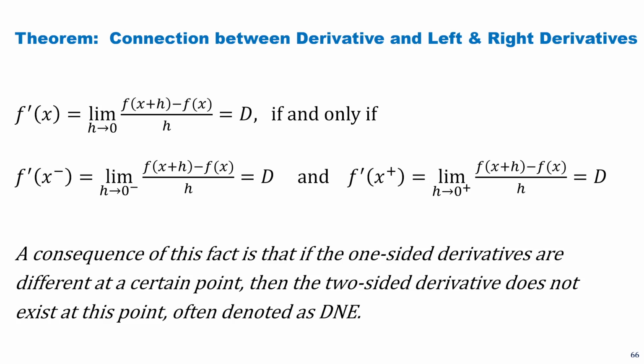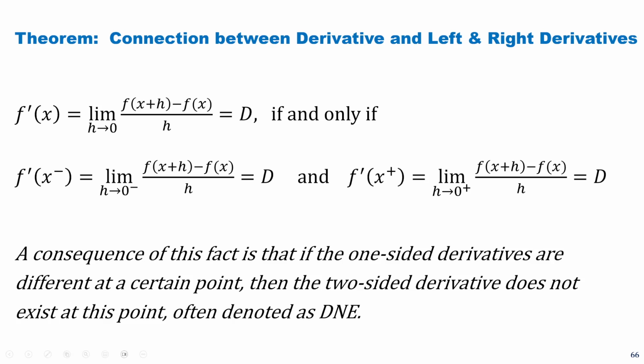The derivative of this function at a certain point x equals d if and only if its left derivative equals its right derivative equals d. Also, a consequence of this fact is that if the one-sided derivatives are different at a certain point, then the two-sided derivative does not exist at this point, often denoted as DNE.